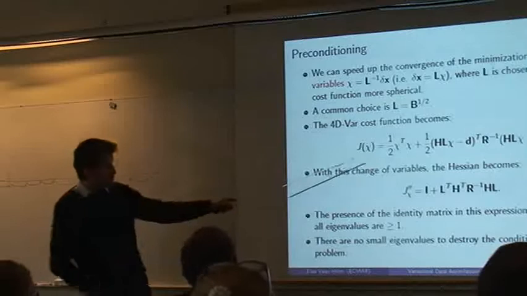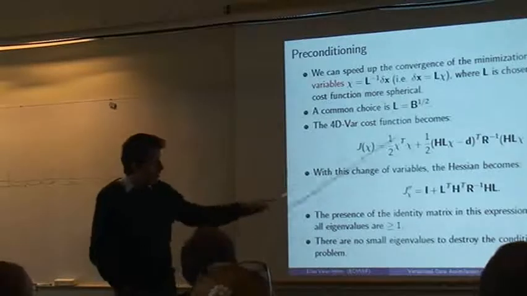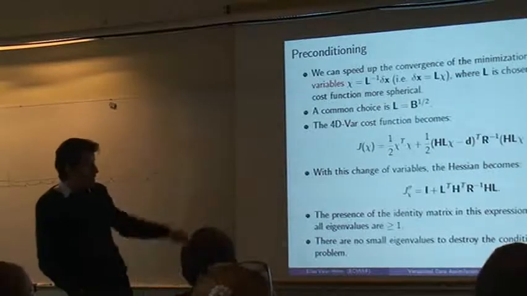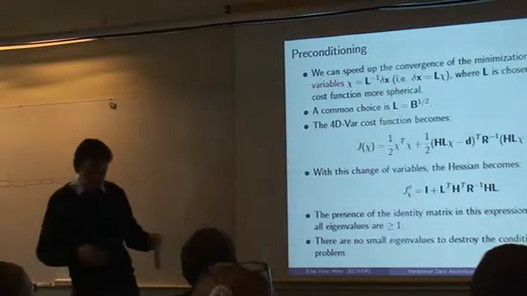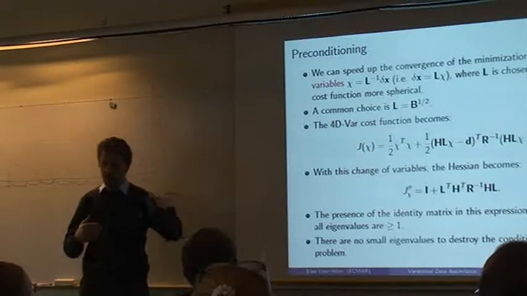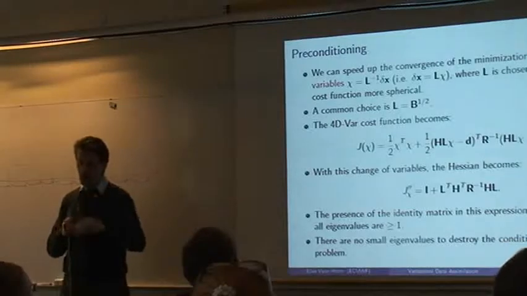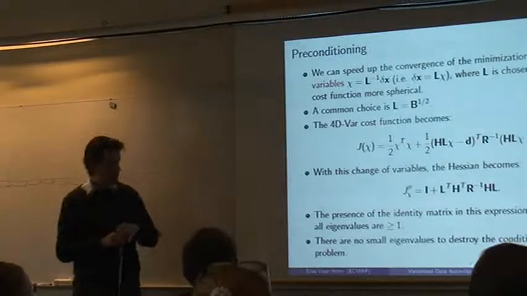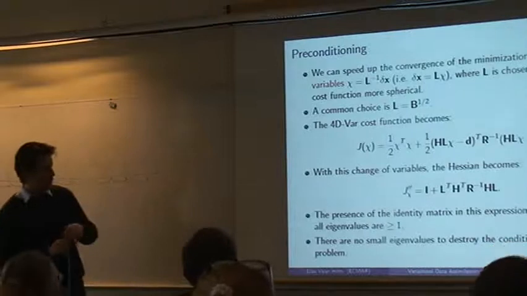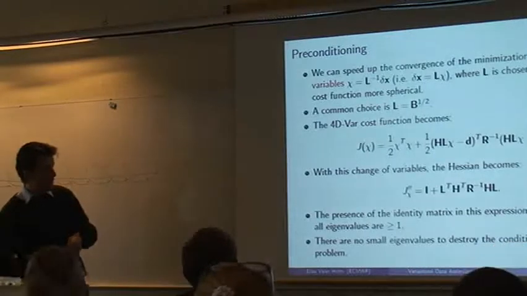Then the cost function transforms to something like this. This kind of transform limits the difference between the smallest and largest errors in the system, and that guarantees reasonable convergence.